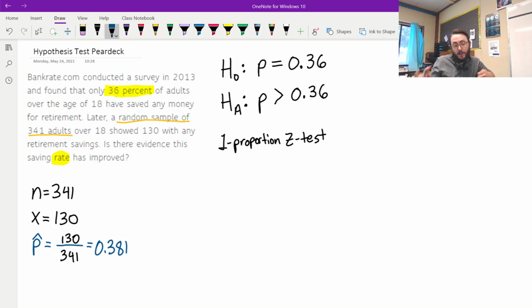Now 38.1 is above 36, but is that more likely because of sampling error, just by chance? Or is it so unlikely to happen by chance that it actually has improved? And that's what we're doing here. So once we have our p hat value, we can finally calculate our test statistic, which is a z-score.